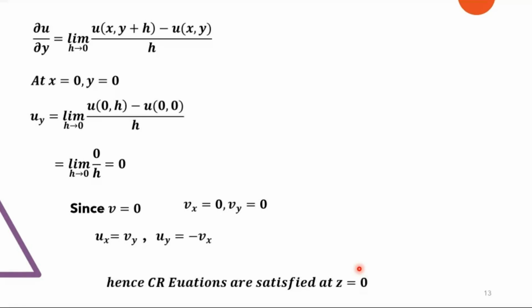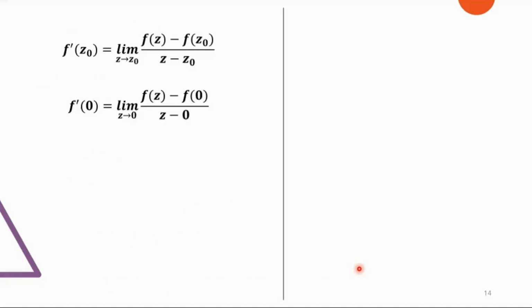Similarly, prove that f dash of 0. सेम जो हमने लास्ट प्रॉब्लम, दो प्रॉब्लम्स में किए, वैसे ही करना है यहाँ पे भी. f dash of 0 is limit z tending to 0, f of z minus f of 0 upon z minus 0.